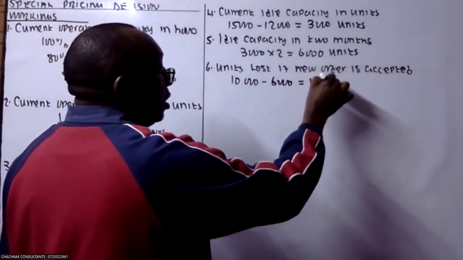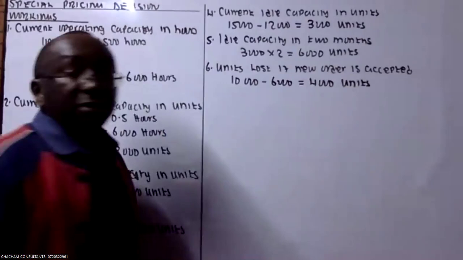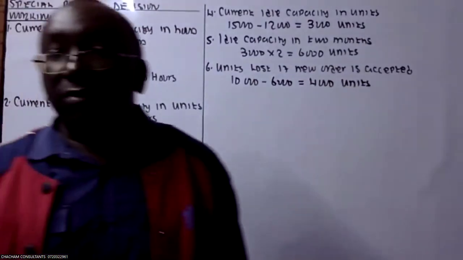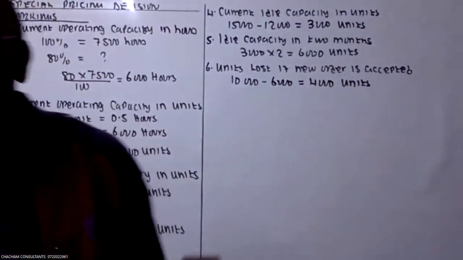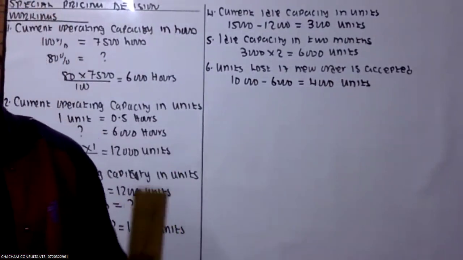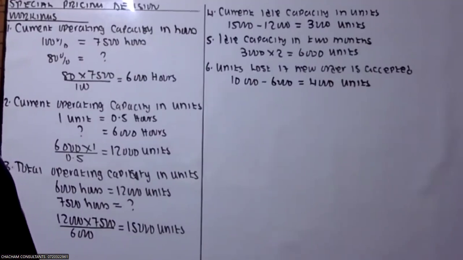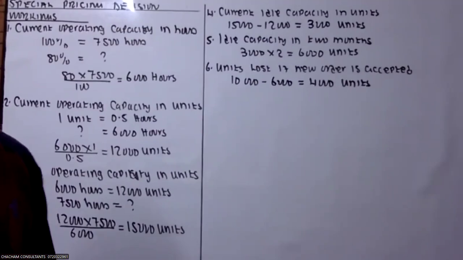So if we accept the order, the normal demand of 4,000 will have to give way. We are told to advise on whether the order should be accepted.